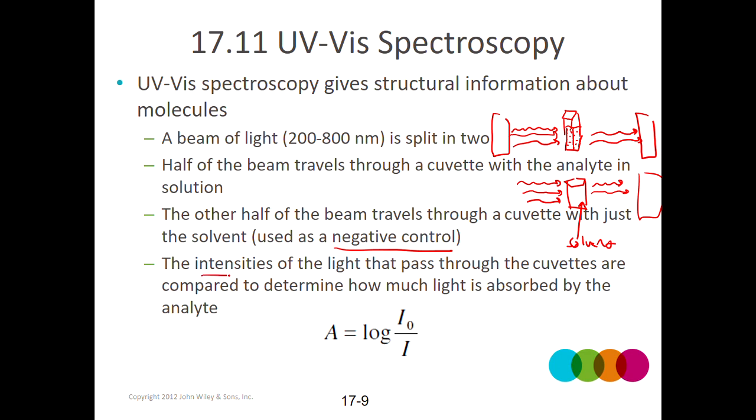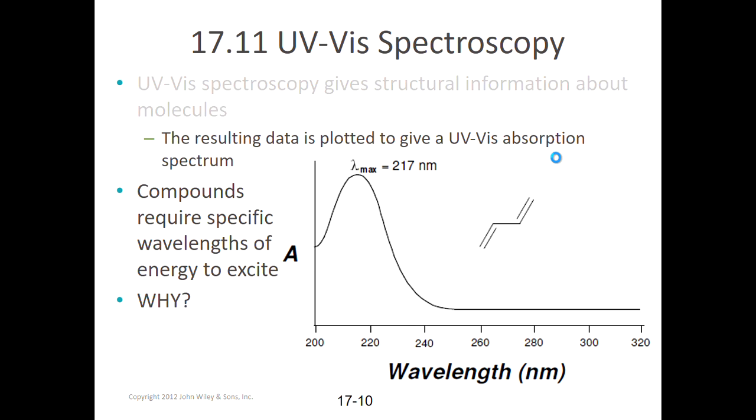So it measures the intensity of the light that passes through. It compares both of them. Any light that passed through the solvent but didn't pass through up here with the unknown or analyte dissolved in the solvent, that must have been absorbed by the analyte. And then it gives a readout of that. So if I dissolve this in some solvent, and I just look at the wavelengths of light that are absorbed by this compound that are not absorbed also by the solvent, I get this curve.